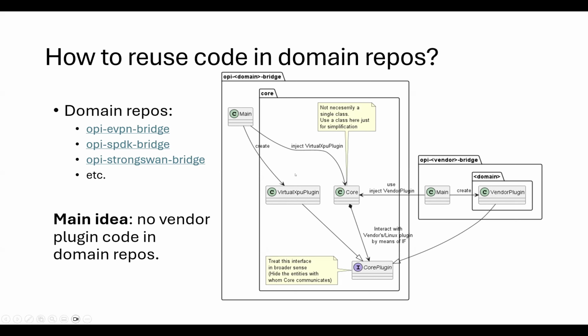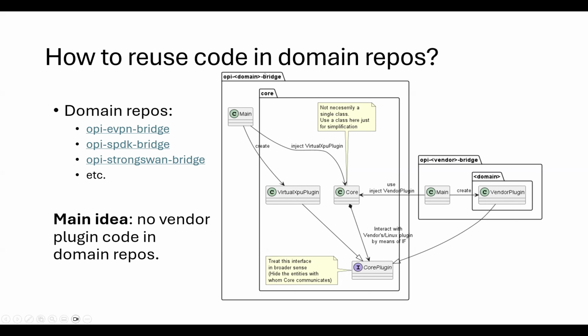One is located here in core, just to provide some basic functionality to demonstrate OPI on Linux machines. And we have another plugin in vendor bridge to work with a real XPU. This interface should hide with whom core communicates at the moment. So it can be a virtual XPU plugin or a vendor plugin.